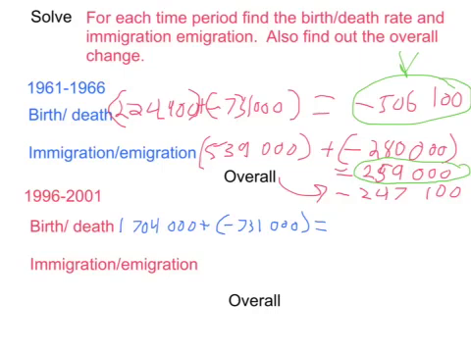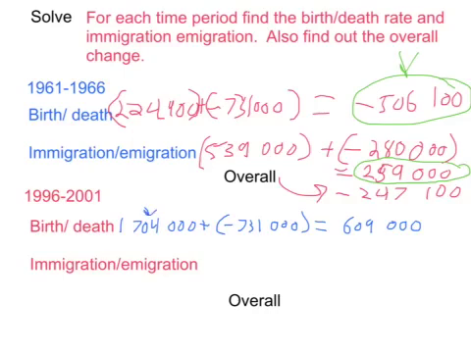And my total there will be 609,000. And that makes sense because, again, I can see the birth rate is bigger than the death rate, so it should be a positive number.